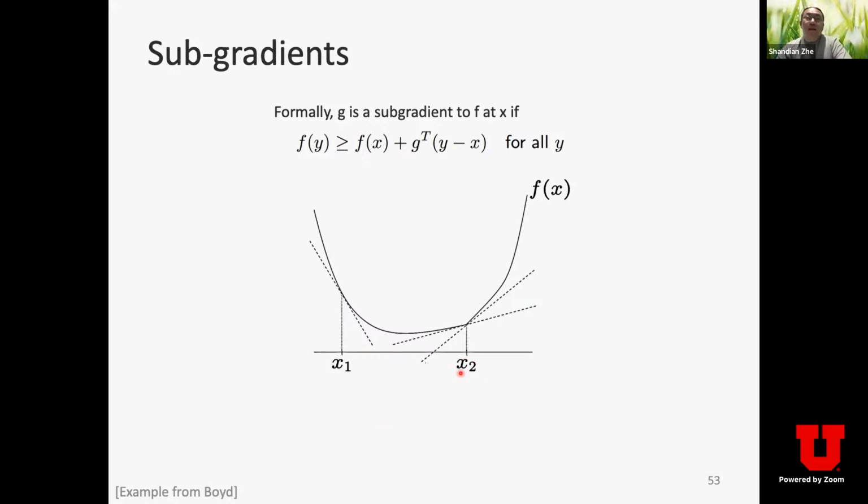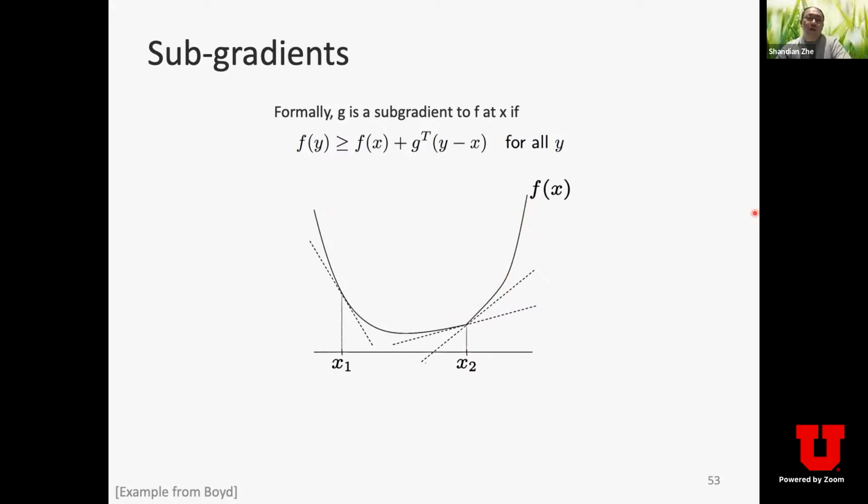So now let us move to x2. For x2, unfortunately, there is no gradient of f of x. That means it doesn't have a tangent line. However, we can see that we can draw many lines which pass through this point and also stay below the entire body of f of x.